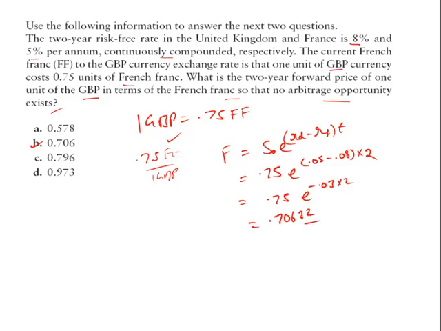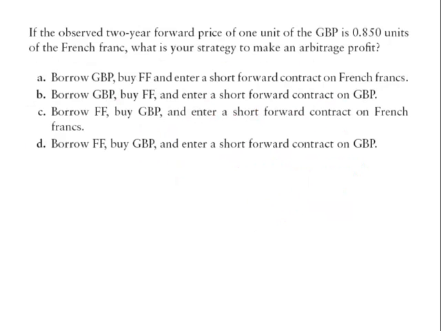That's a straightforward question, we've already solved it. If the observed 2-year forward price of 1 unit of GBP is 0.850 units, so at t equal to 0, the French franc rate is 0.75 French franc to GBP.